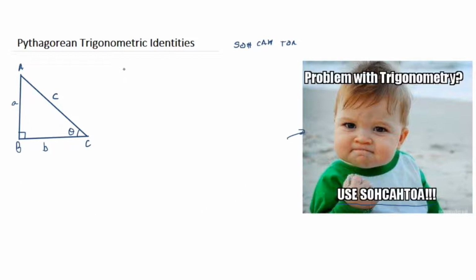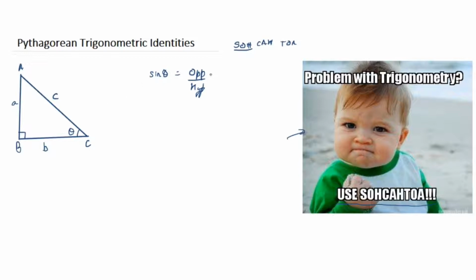To start with the Pythagorean trigonometric identities, let me start by calculating all the trigonometric ratios. Let me start with sine. So sine theta is going to be opposite over hypotenuse.